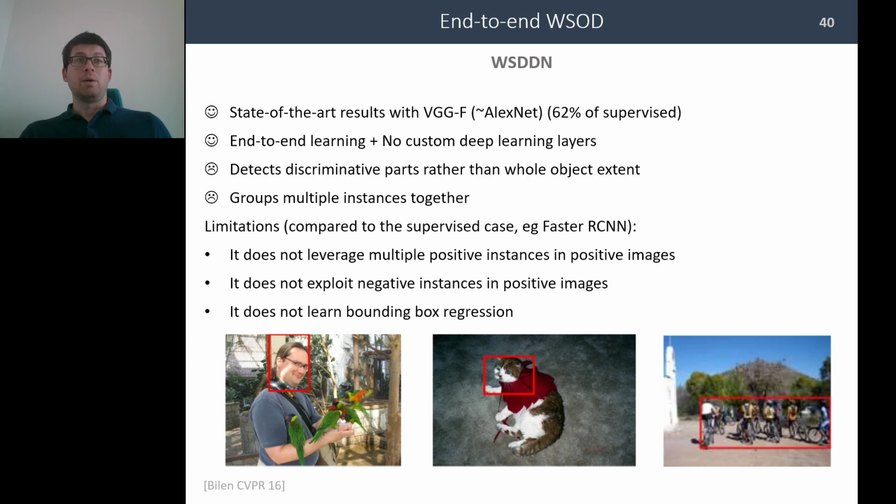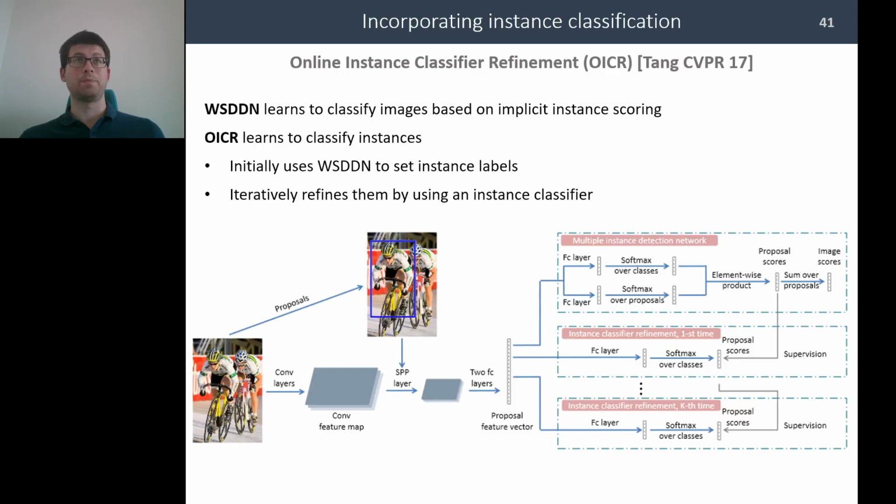But this is very tricky in weakly supervised object detection, because if you choose the wrong negative, this may degrade the performance greatly. The other limitation compared to Faster RCNN was that it didn't have bounding box regression, so it was limited to the object proposals. It couldn't refine them further.